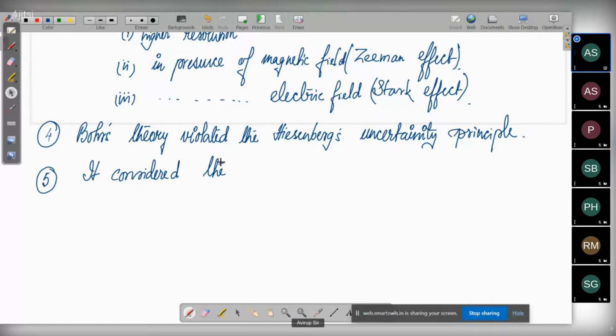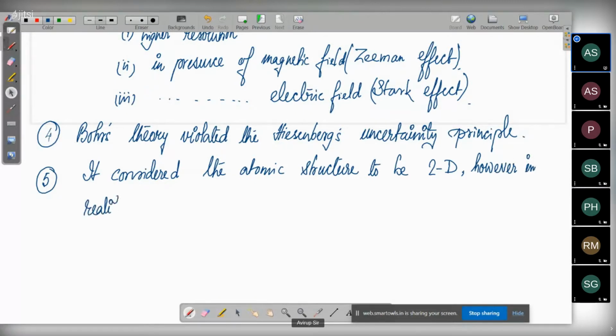But in reality, the structure of an atom is three-dimensional.